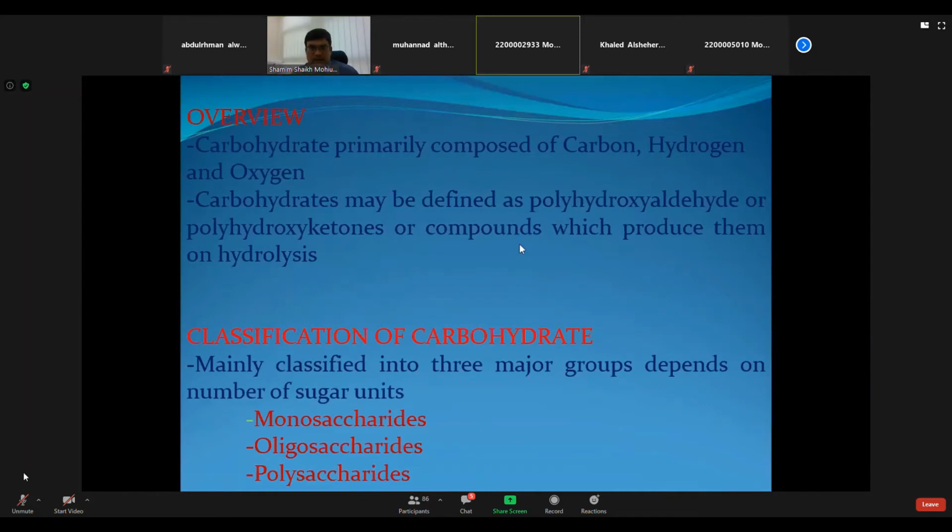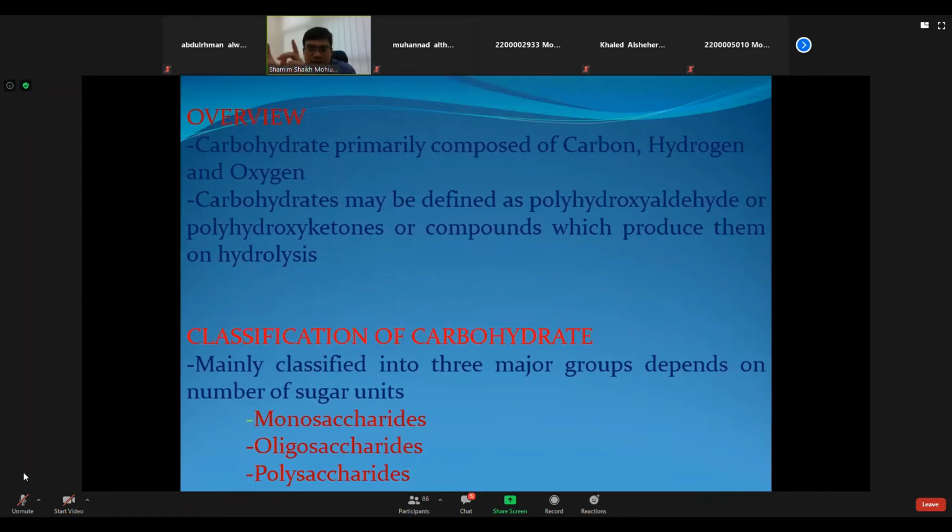Okay. Now come to the classification of carbohydrates. Mainly there are three types of classification depending on the number of sugar units. The first one is monosaccharide. The second one is called oligosaccharide, and the third one is polysaccharide. Come to the first one, monosaccharide. What is the meaning of mono?